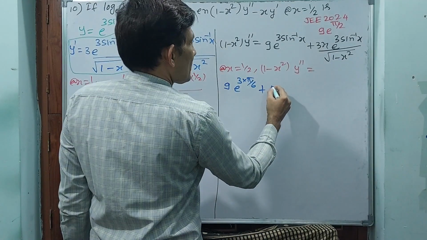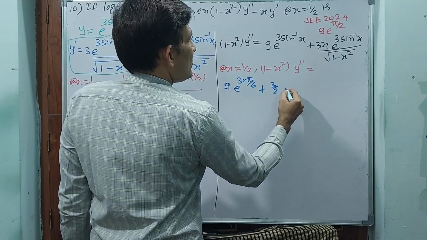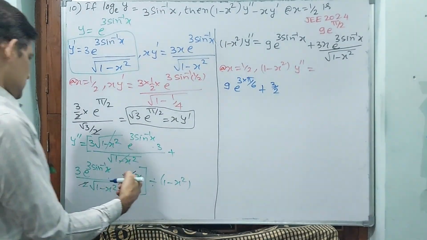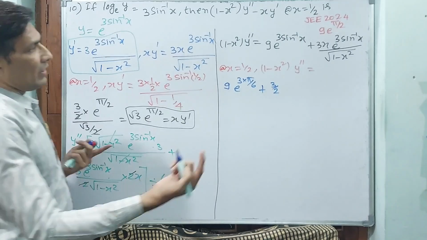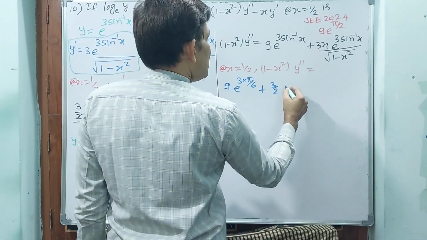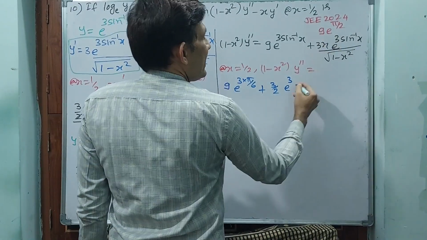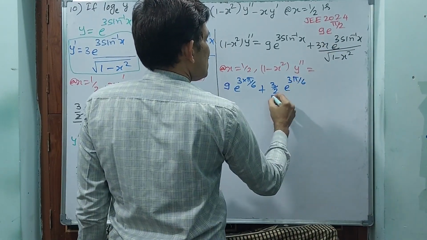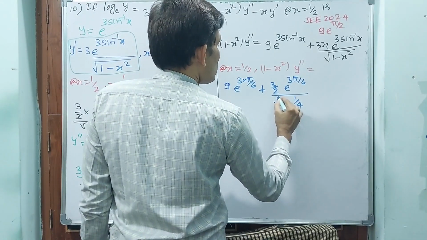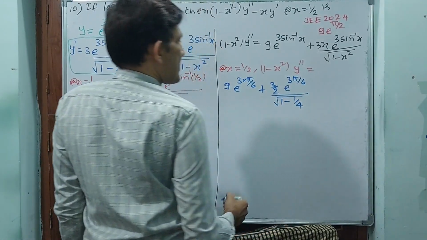Plus 3 by 2. I think this we have done here. Let it be. 3 into 1 by 2, e power 3 again pi by 6, divided by 1 minus 1 by 4. Because 1 by 2 square. Okay.